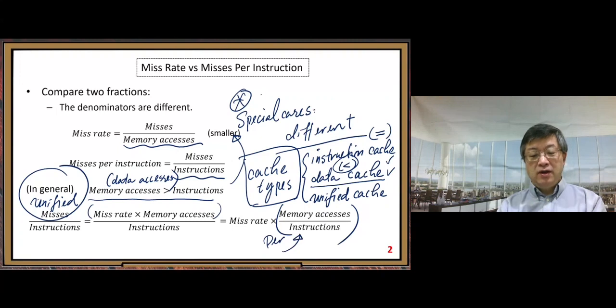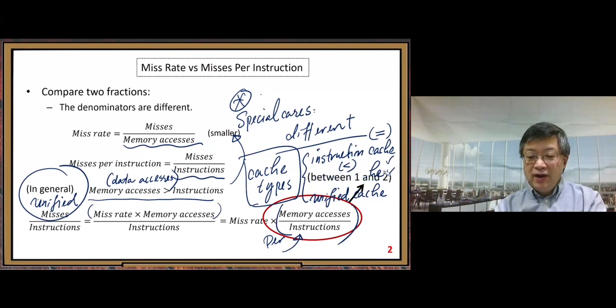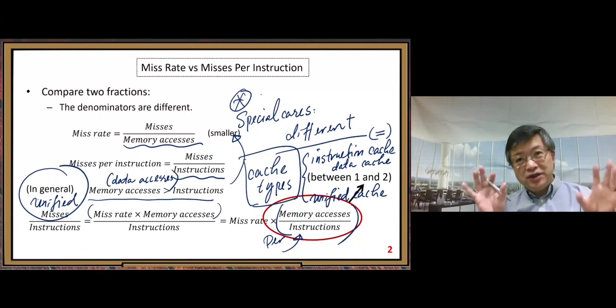We know that concept, 1.4 in the previous slide. And we know this number is between 1 and 0. Here I still put the data cache. So between 1 and 0. So you know the relationship.